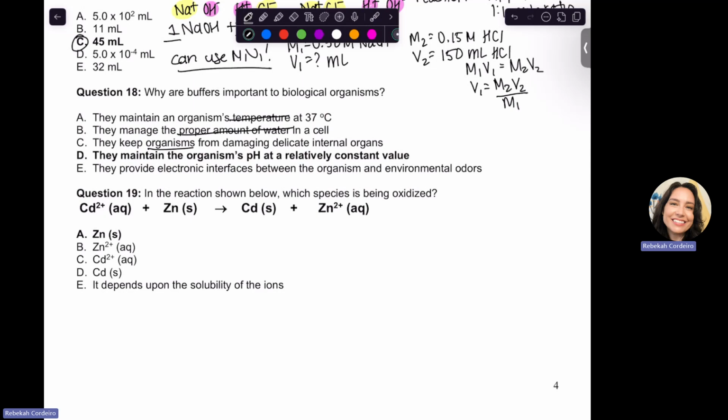The buffer's not guarding against organisms. It's guarding against different chemicals that could turn pH into something dangerous. And in electronic interfaces, no. So buffers, remember, they have a job to resist change in pH.